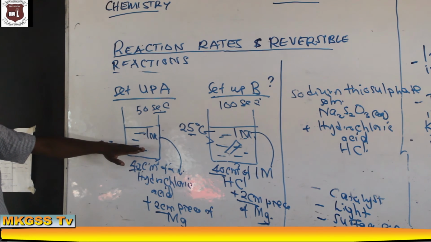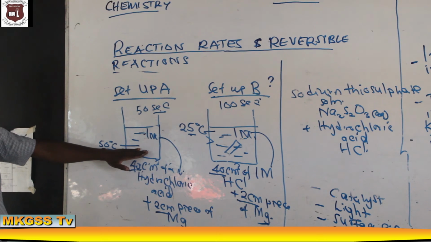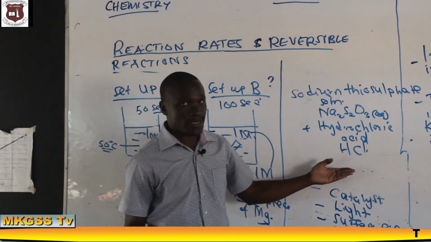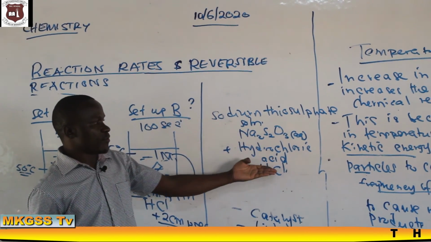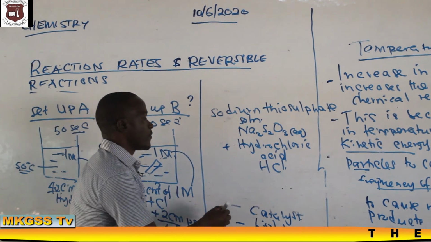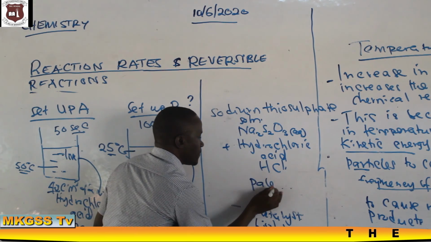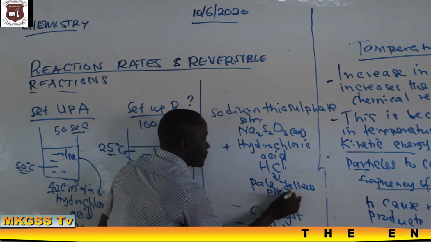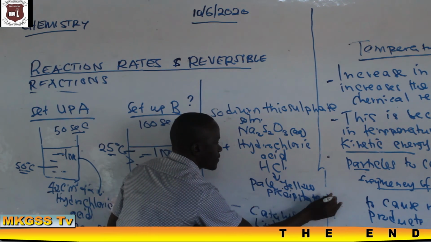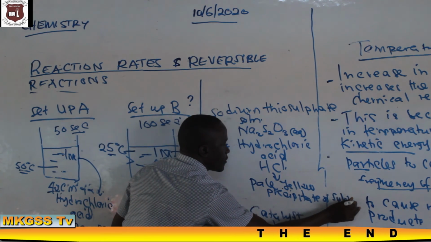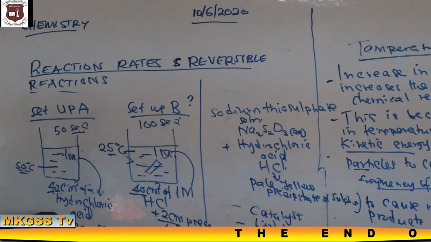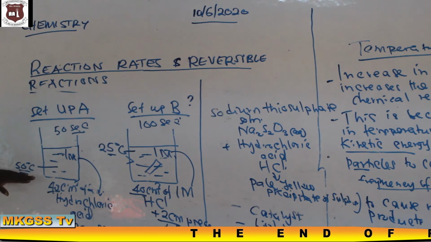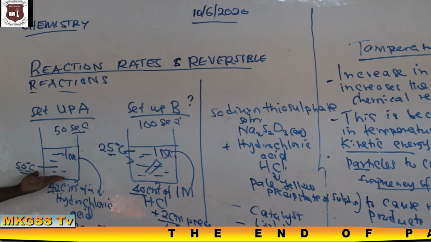Now, the property that we shall be using here to measure the reaction rate is the intensity of the precipitate of the sulfur. So, sodium thiosulfate normally reacts with hydrochloric acid to form a pale yellow precipitate of sulfur. We call it colloidal sulfur. So the intensity of the precipitate will increase at a faster rate where the temperature of the solution is at 50 degrees.